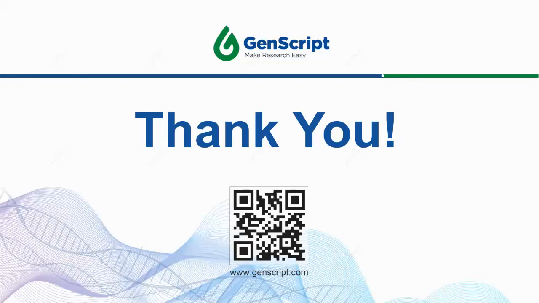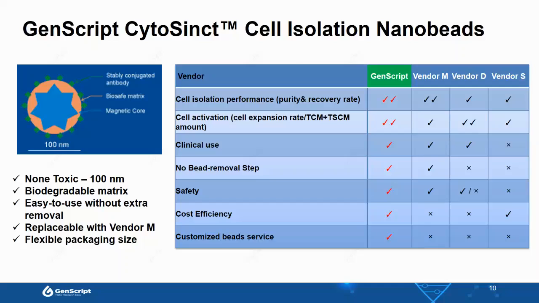Sure, thanks. This is a good question, and we are asked it every single time. Let's pull up the structure of our cell isolation beads: the inner side is the magnetic core, and this is the matrix, which is coupled with the antibody.